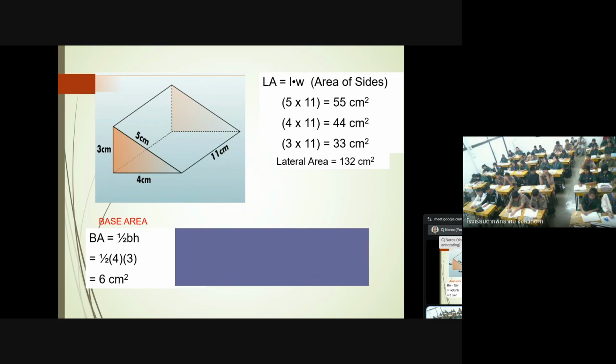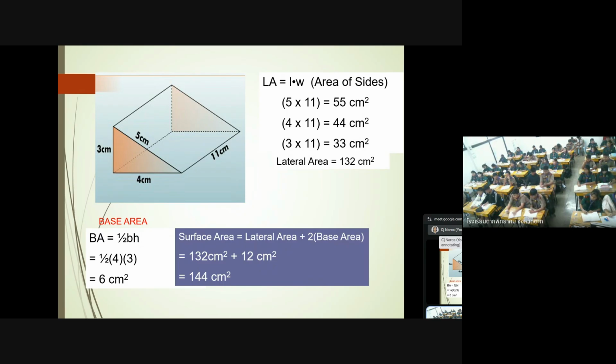Now, getting the surface area: lateral area, and times 2 the base area. Therefore, the answer is 132 plus 6 times 2, we have 12 centimeters squared. So therefore, the surface area that we have is 144 centimeter squared.